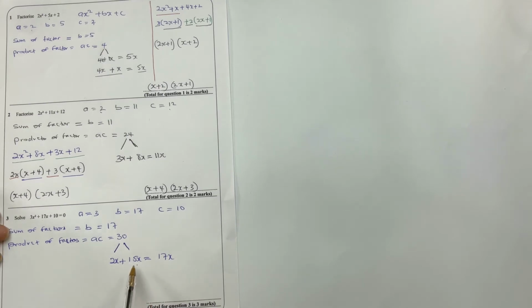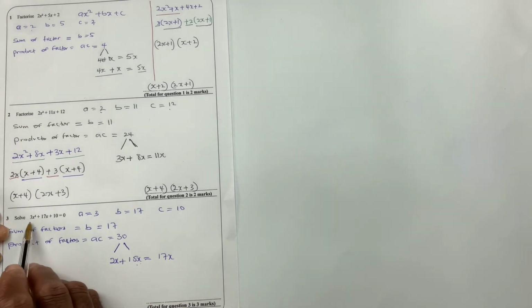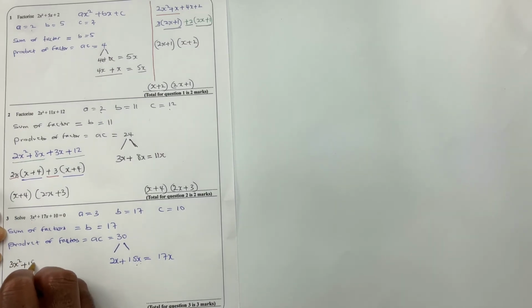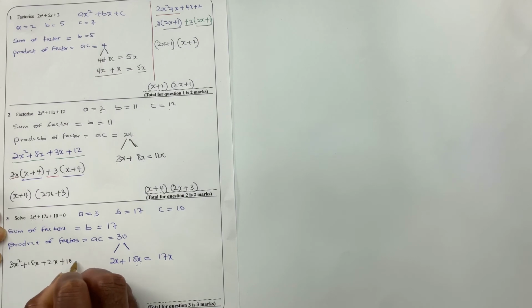Note, I'm going to put the 15x next to 3x squared because 3 and 15 go together, a common factor. 10 and 2 go together, common factor. So 3x squared plus 15x plus 2x plus 10 equal to 0.